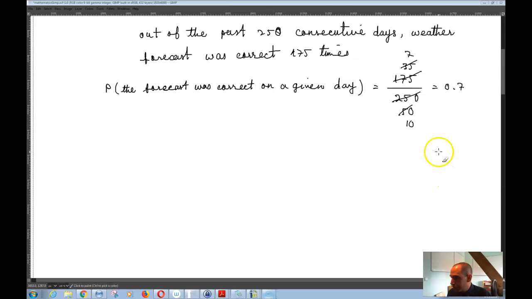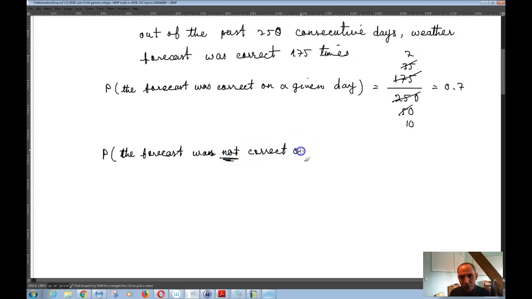Now, the second question is, what is the probability that it was not correct on a given day? So now the probability of the forecast was not correct on a given day is the number of days in which the weather forecast was not correct divided by the total number of days.